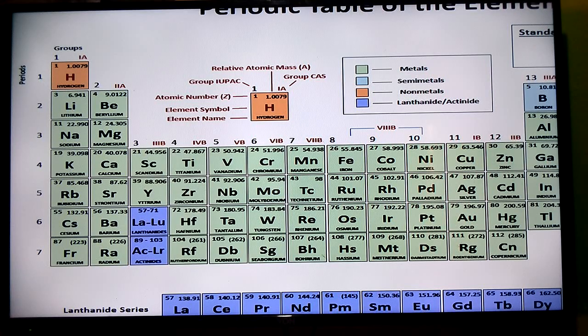Some of them, as I've mentioned, are named from mythological concepts or historical characters to which they are related at some points in history. So this, of course, stands for hydrogen.